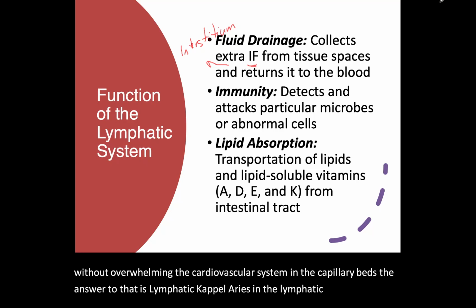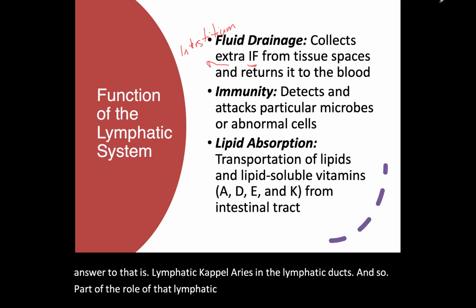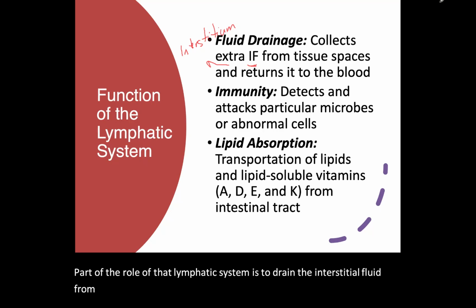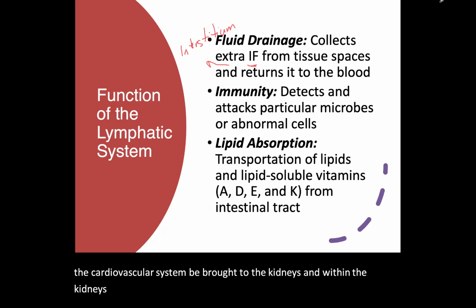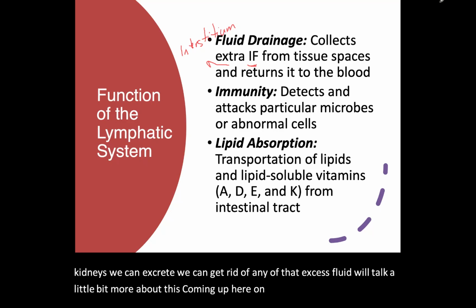And so part of the role of the lymphatic system is to drain the interstitial fluid from within the interstitium. Eventually, that fluid will get put back into the cardiovascular system and be brought to the kidneys, and within the kidneys, we can get rid of any of that excess fluid. We'll talk a little bit more about this coming up on the next few slides.